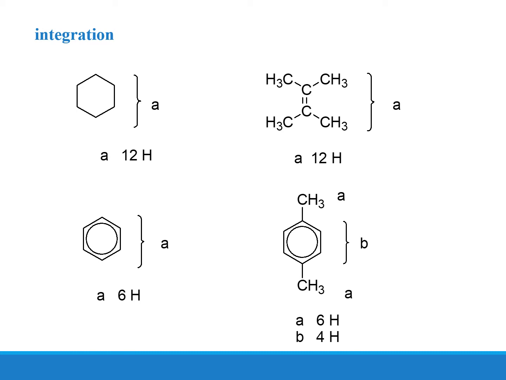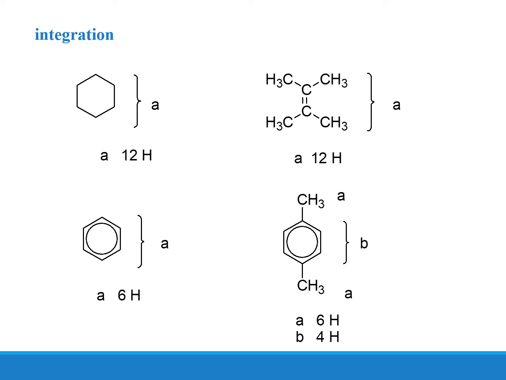So let's see, in the cyclohexane structure, in fact, all the hydrogens are in the same environment, and the area of the peak is simply the sum of all the hydrogens available there.